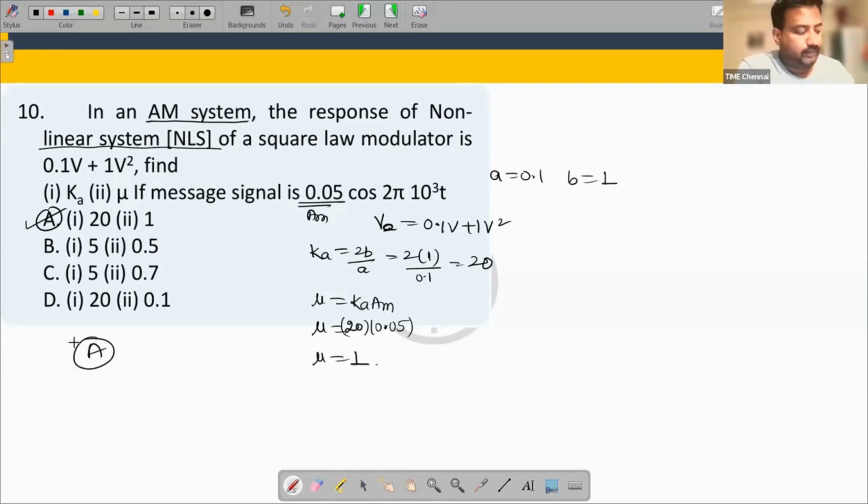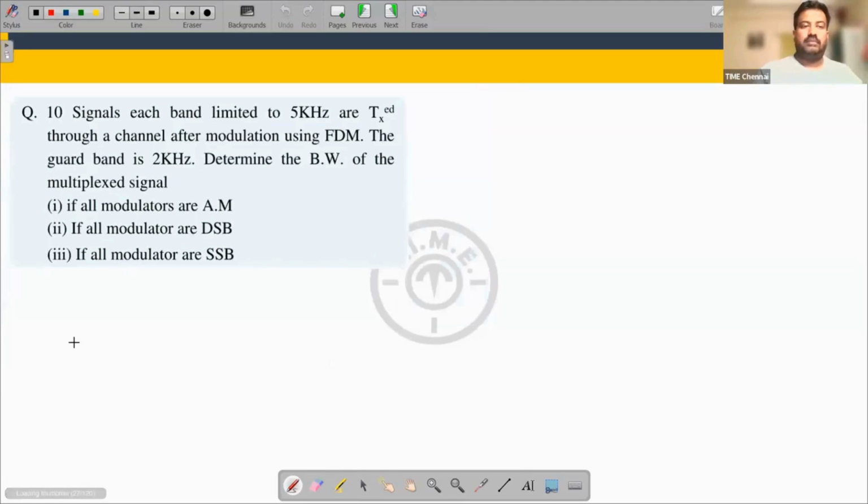Is that clear? Let us solve this now. 10 signals, each band limited to 5 kilohertz. Band limited to 5 kilohertz means its bandwidth is 5 kilohertz, meaning the signal is in this way.